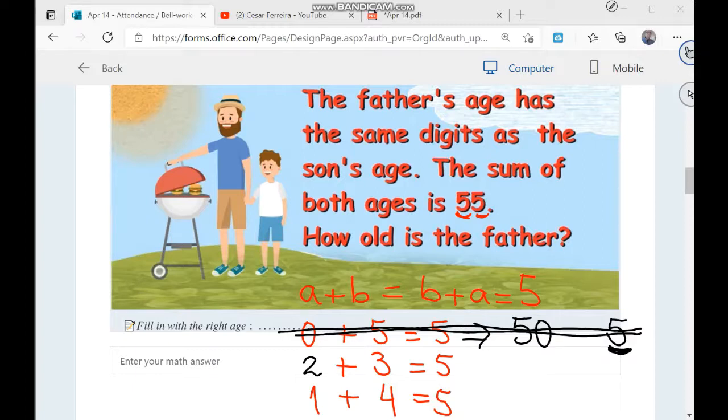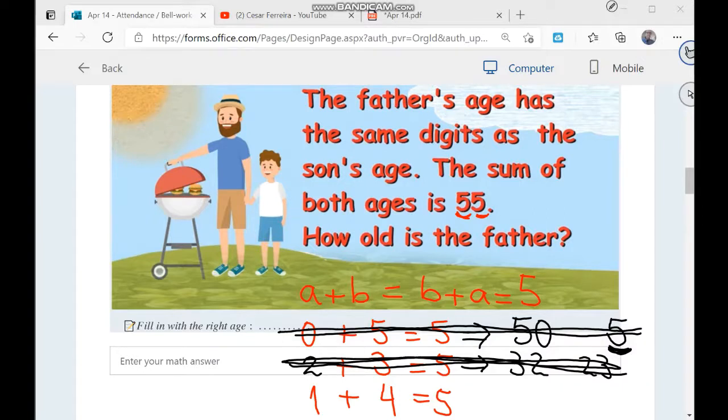Now 2 and 3, let's say the father is 32 and the son is 23. There is something odd about it. If you see the difference in age, it's just 9 years. That means the father had a son when he was 9 years old. Doesn't make sense, right? So this also is not a usual age for father and son.